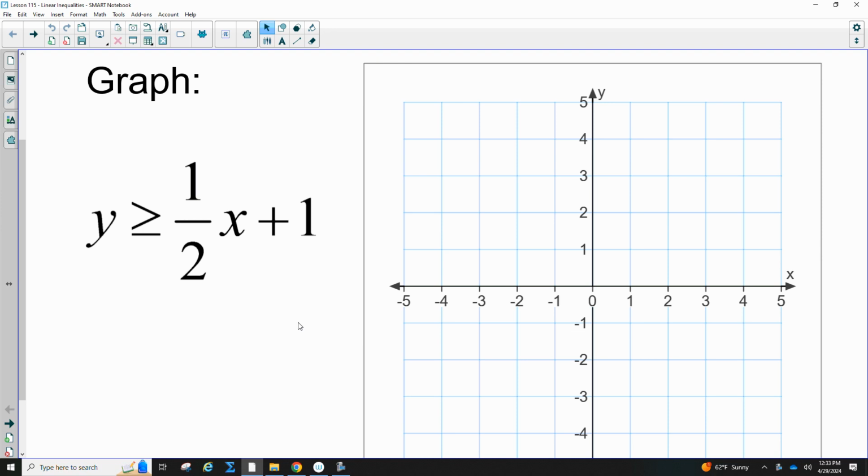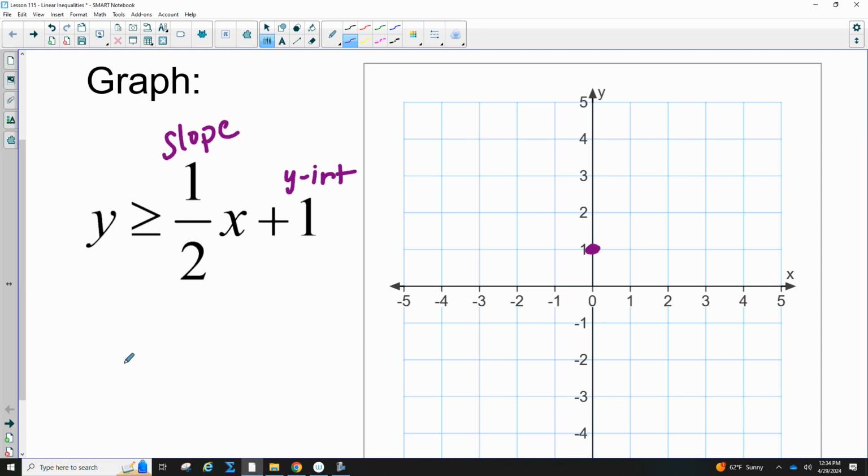So this is just graphing a line and shading. Right here, 1 is my y-intercept still. The number that is not next to x is the y-intercept, so we're going to put that on the y-axis. Then the number in front of x is the slope.